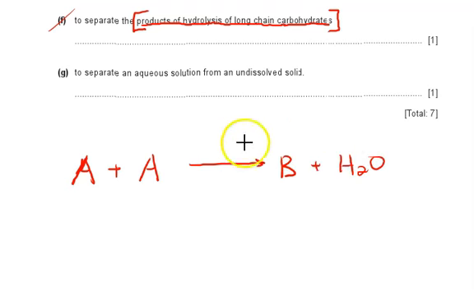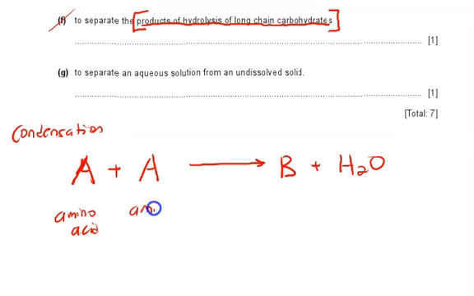This is an example of a polymer, and the type of polymer here is a condensation polymer. For example, this is an amino acid, and here's the same type of amino acid. When they combine, this will form a protein.